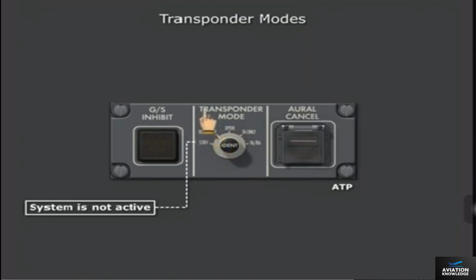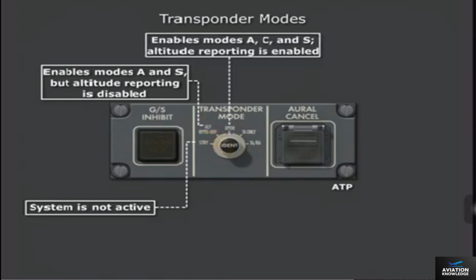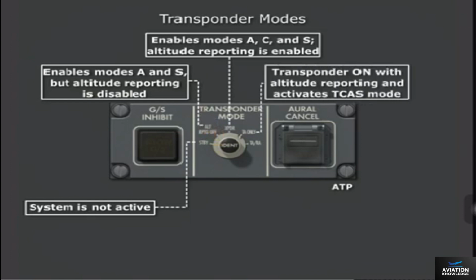The altitude reporting off position enables mode A and S, but altitude reporting will be disabled. Transponder enables modes A, C, and S. Altitude reporting is enabled. TA only selects the transponder to on with altitude reporting and activates the TCAS mode for traffic advisories.